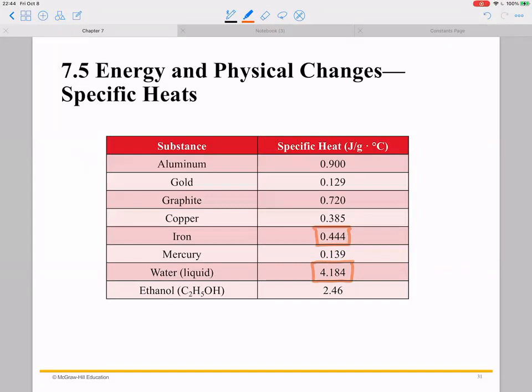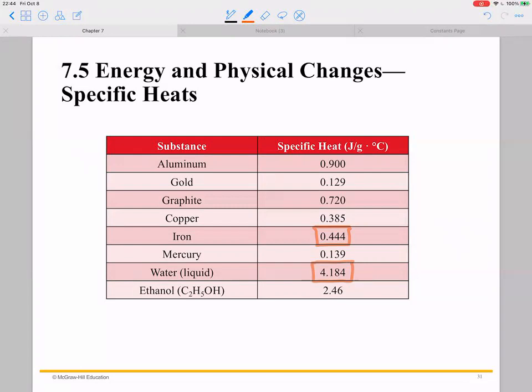And that might sound a little weird. Water is actually a surprisingly difficult substance to heat. It has a surprisingly high specific heat. And you guys probably already know this or have encountered it in your kitchen if you go to make pasta or rice or something like that where you're boiling water, right? You put this pot of water on the stove and the metal pot itself gets hot very quickly.